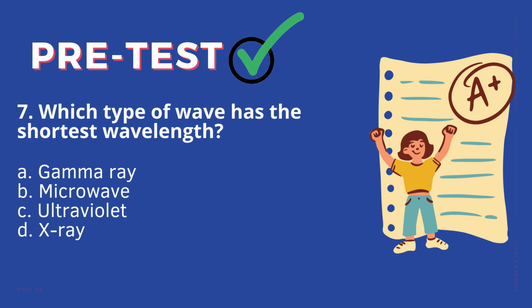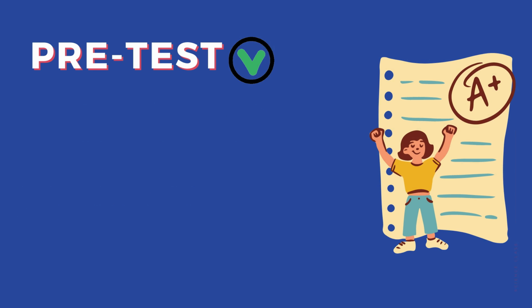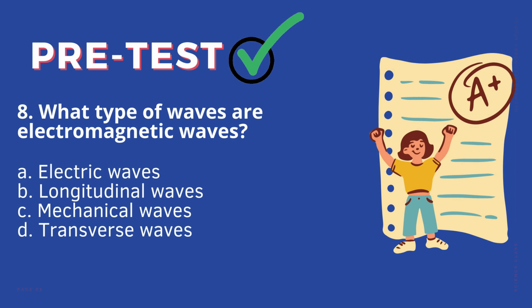A. Gamma ray. B. Microwave. C. Ultraviolet. D. X-ray. 8. What type of waves are electromagnetic waves? A. Electric waves. B. Longitudinal waves. C. Mechanical waves. D. Transverse waves.